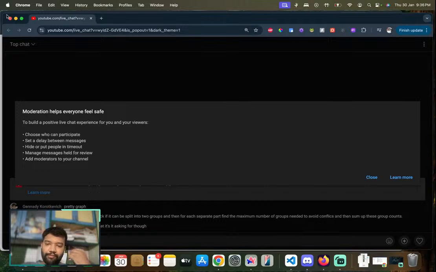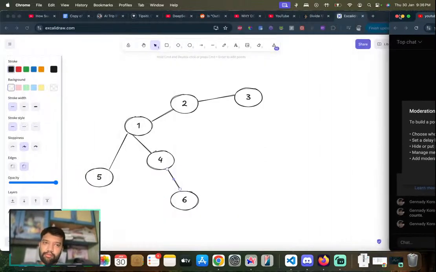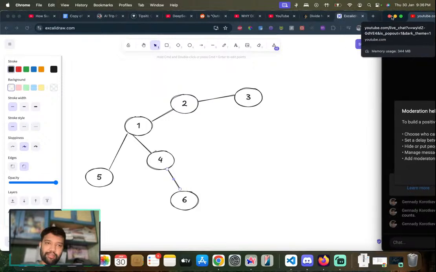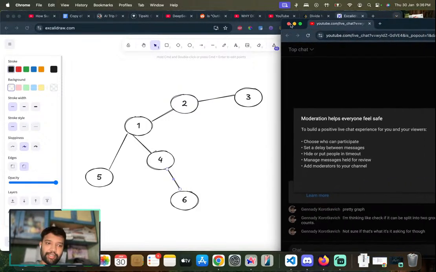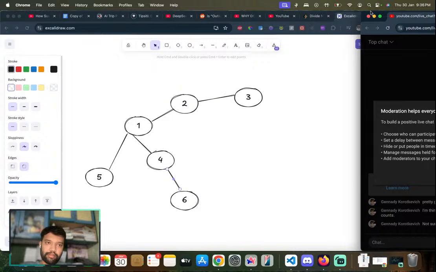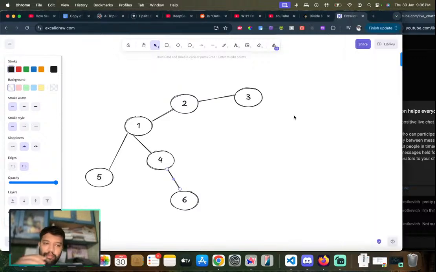How will you split into two groups and for each separate part find the maximum? Divide and conquer, I haven't seen a lot of divide and conquer in graphs, though it could be a novel idea. There's nothing that is impermissible. Let's see.